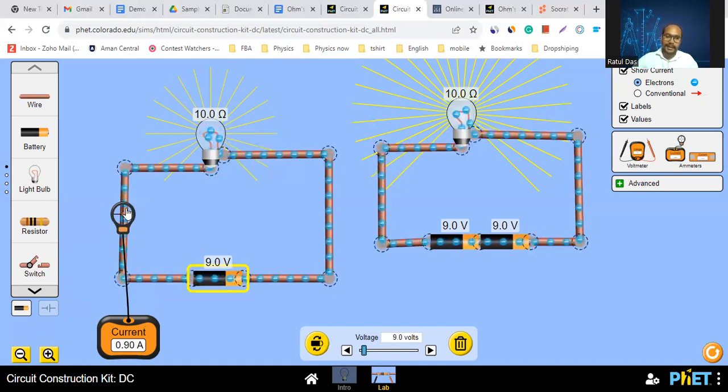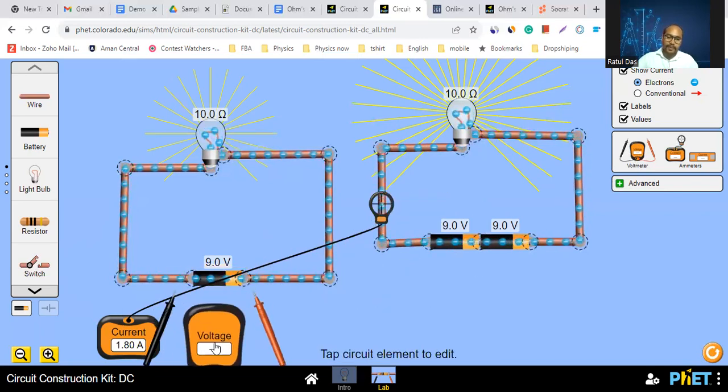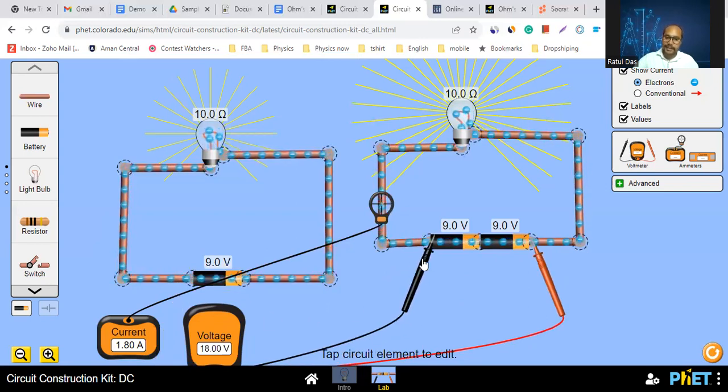And if you measure the current in the second circuit, it is 1.80 ampere. And if you measure the potential difference for the first circuit, we have 9 volt. And if you measure the potential difference using the meter in the second circuit, it is 18 volt.